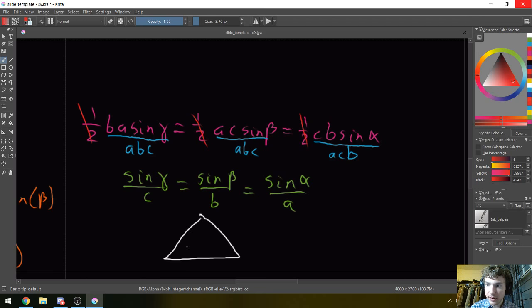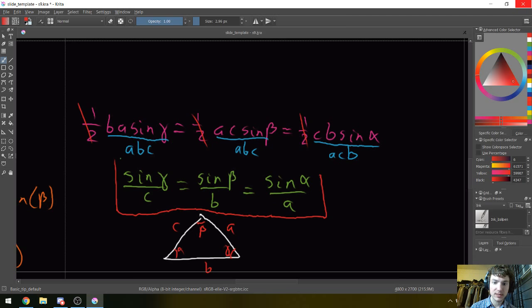This is not a right triangle, this is any triangle, A, B, C. So we found that in any triangle, if you take the ratio of a side and the sine of the angle opposite that side, that will be equal regardless of which angle and side you pick. They're all equal. So this is very useful if you know one of these but not the others, then you can get the other 2 ratios.